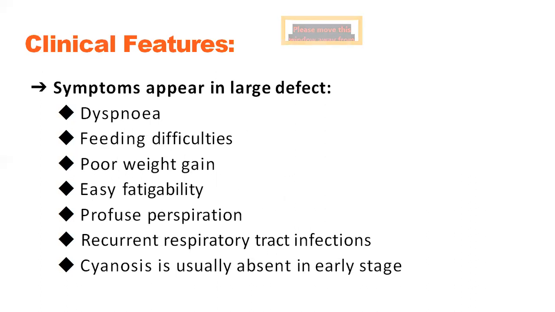But symptoms do appear in large defects, like dyspnea, feeding difficulties, poor weight gain, easy fatigability, they get tired easily, profuse perspiration, and recurrent respiratory tract infection because of overload of blood in the pulmonary tract. Cyanosis is usually absent in the early stage but might develop in cases where the shunt direction reverses.